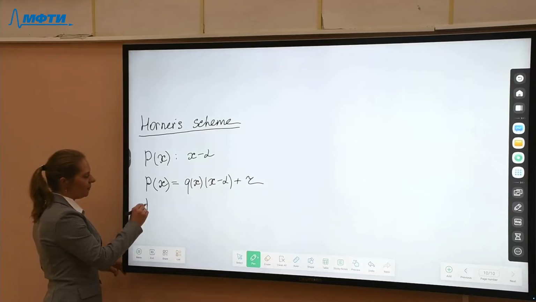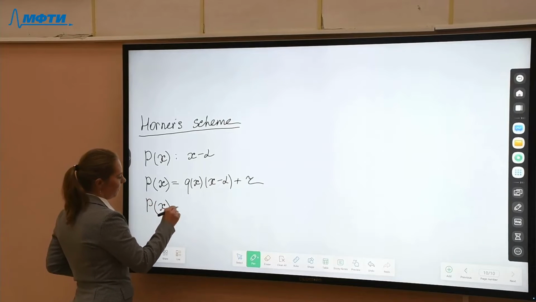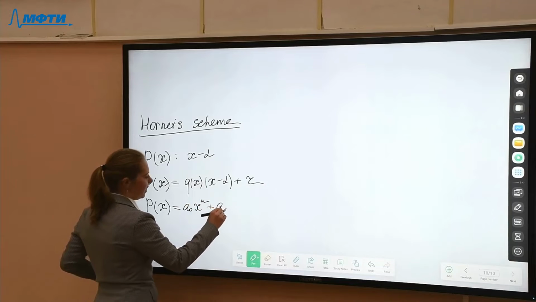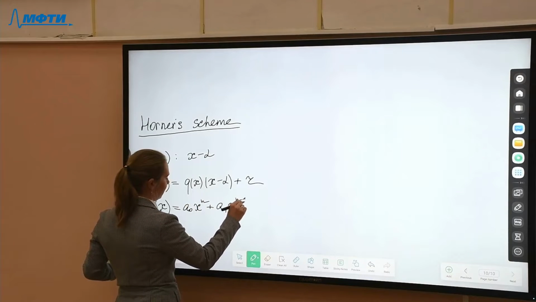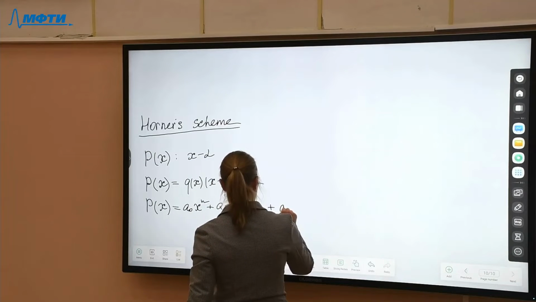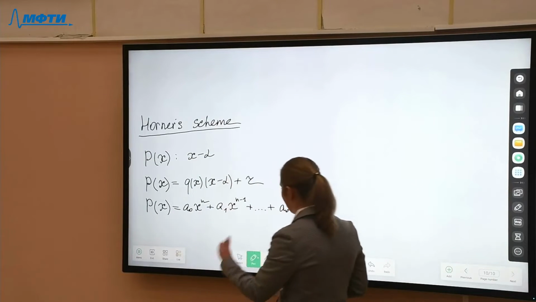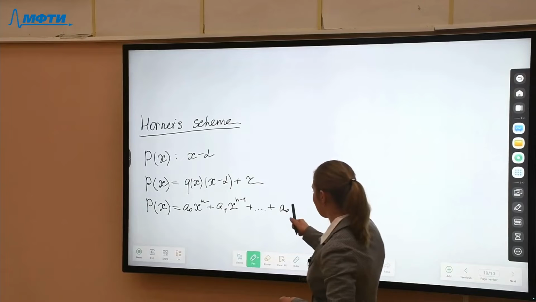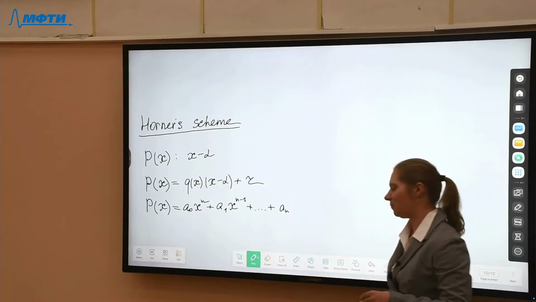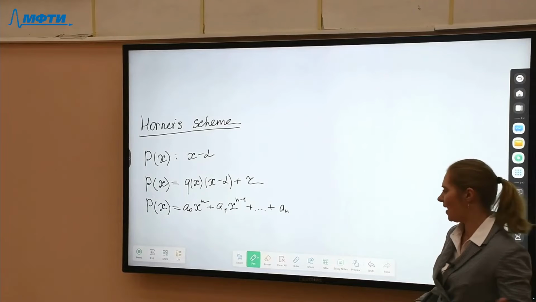And let p of x be a0 x to the power of n, plus a1 x to the power n minus 1, plus and so on, plus an times x to the power of 0, which means just an.